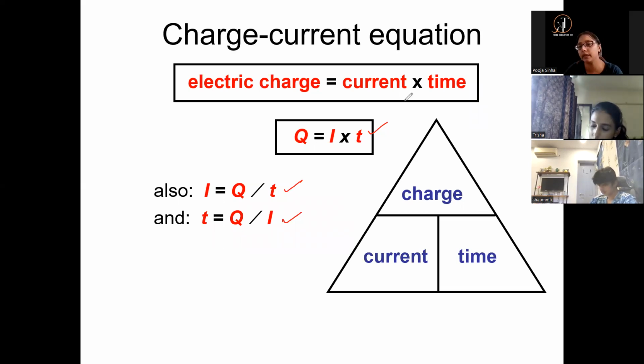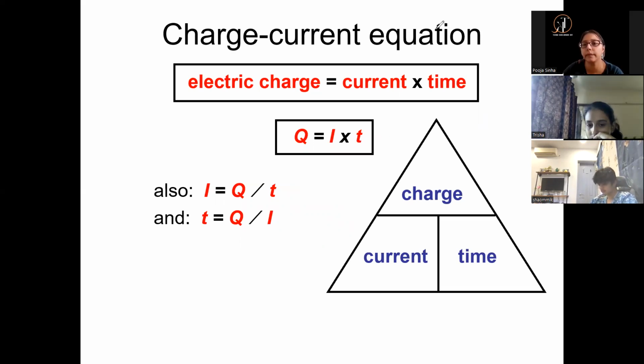If in case you're writing it, all three equations you can write down. Understood? Okay.